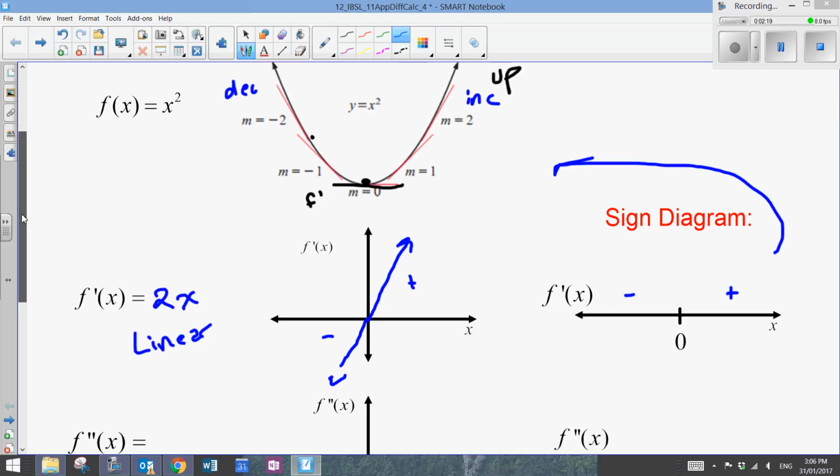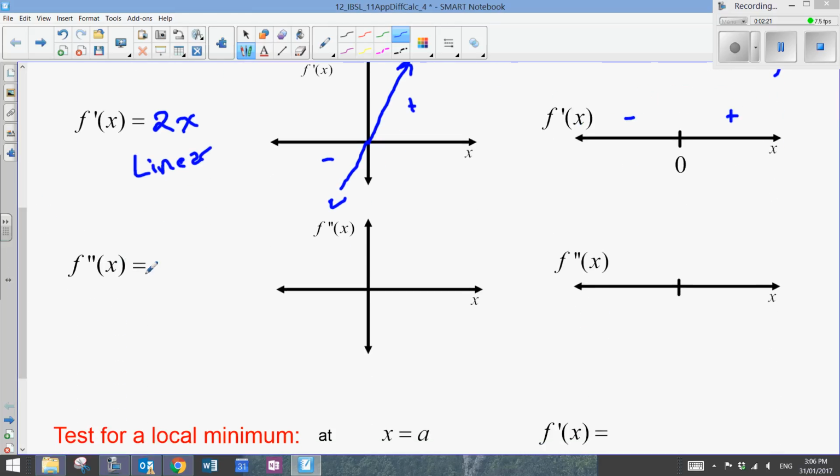So now, what can our second derivative tell us? So my second derivative of 2x is just 2, so it winds up just giving you this horizontal line. And if I did my second derivative test, so instead of substituting a number into the first derivative, let's substitute into the second derivative, and notice how you're going to get 2 no matter what you sub in, because you can't sub anything in. So you're going to get 2 no matter what, which is positive.